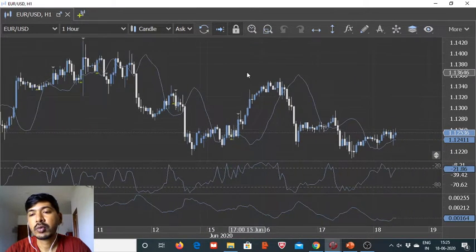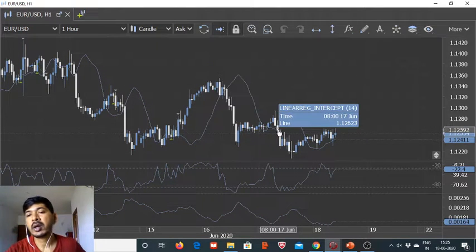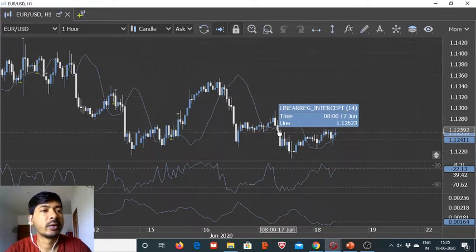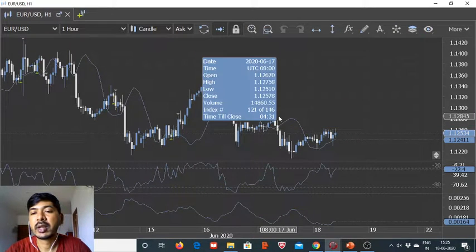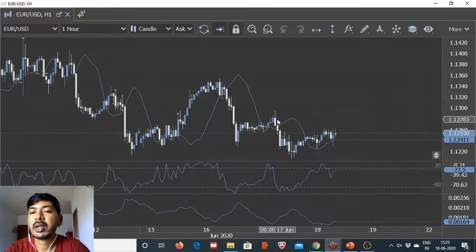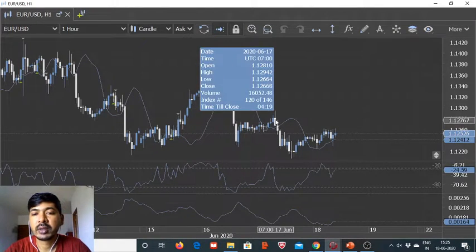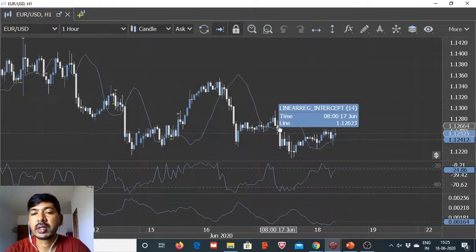So to that effect, along with the earlier requirement, before the trading happens and the last hour candle closes below this linear regression intercept, we were checking on the historical candle with a shift back period of 3 to make sure that the prior candle was above this linear regression intercept.